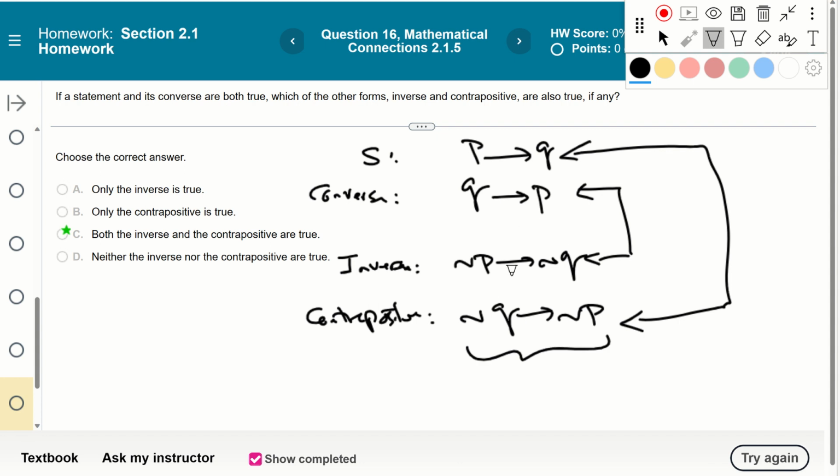And because these two are logically equivalent, it implies that this one is going to be true. So if a conditional and its converse are both true, then both the inverse and contrapositive are also going to be true. So it's a nice problem because it really forces you to understand this concept of a statement, its converse, its inverse, and its contrapositive.